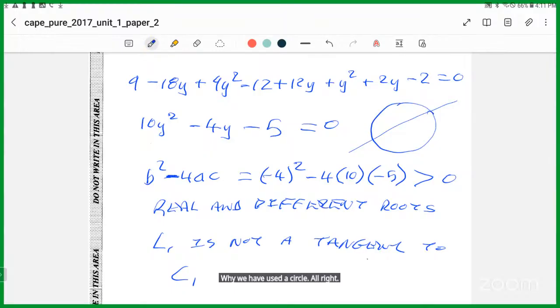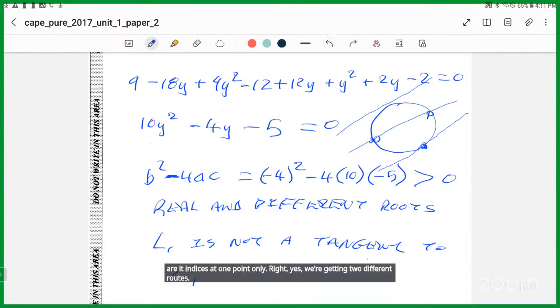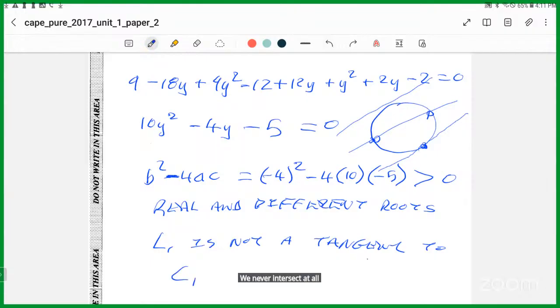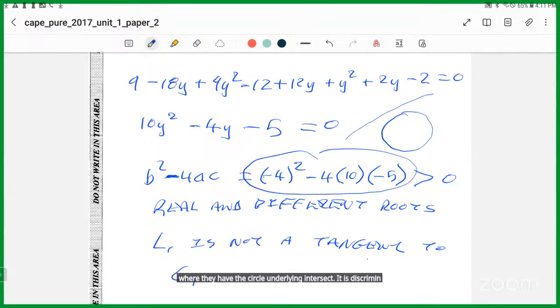So it either intersects at 2 points, doesn't intersect at all, or it intersects at 1 point only. Right? Based on this, we're getting 2 different roots. If it never intersected at all, then this discriminant would come out to be less than 0.